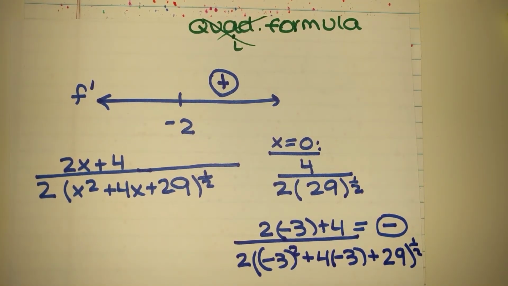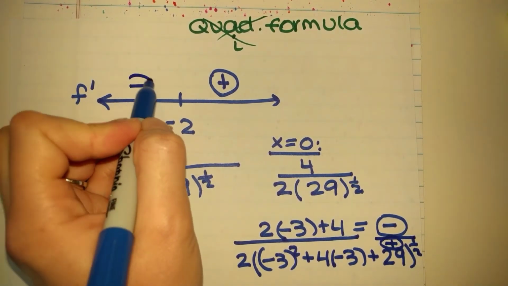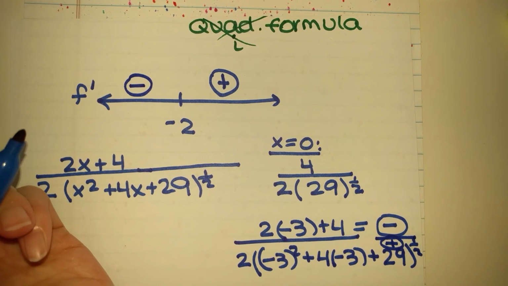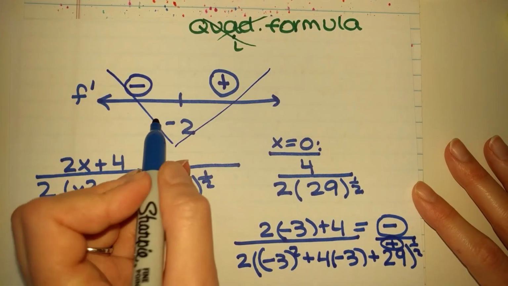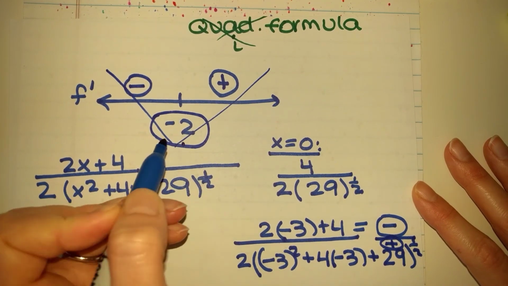What you notice here is that you would get a positive in the denominator, the square root of 26. So this would be a negative over a positive. So to the left of -2, you would have a negative. So you just say that it's decreasing and then it's increasing. So we have a relative min at -2.